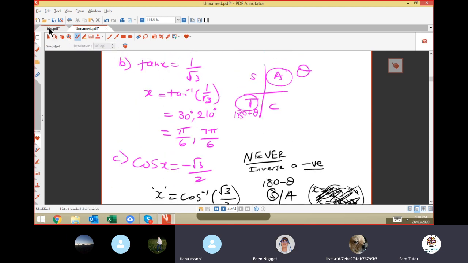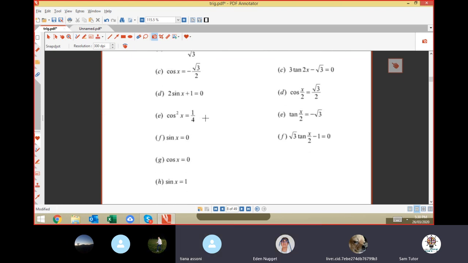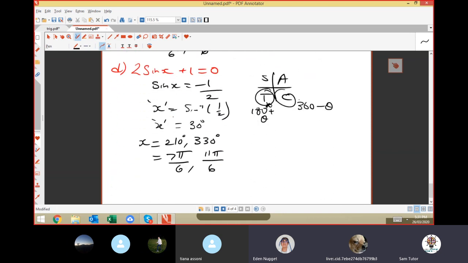I'll leave the rest, I think. Sorry? When you find out which quadrant it goes in, do you remove the hat things?